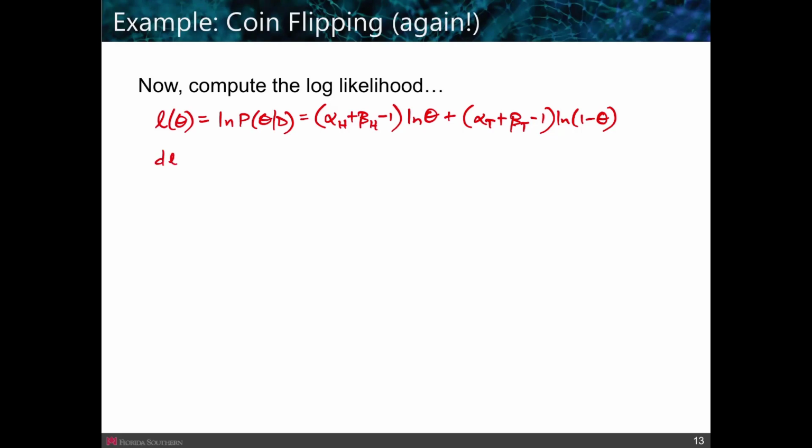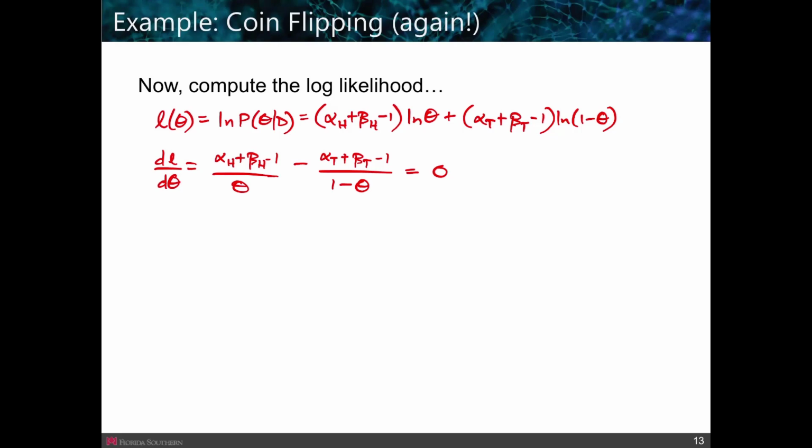Now I can take the derivative of L with respect to theta. That's going to be equal to alpha h plus beta h minus 1 divided by theta for that first term, minus alpha t plus beta t minus 1 over 1 minus theta for the second term.